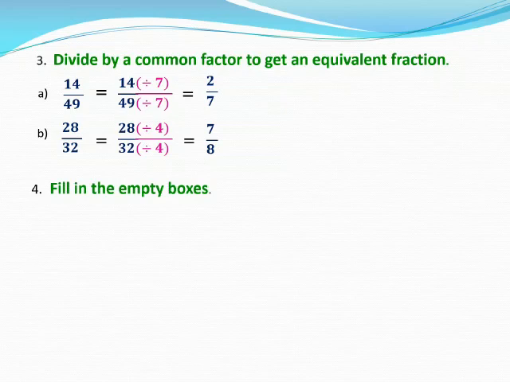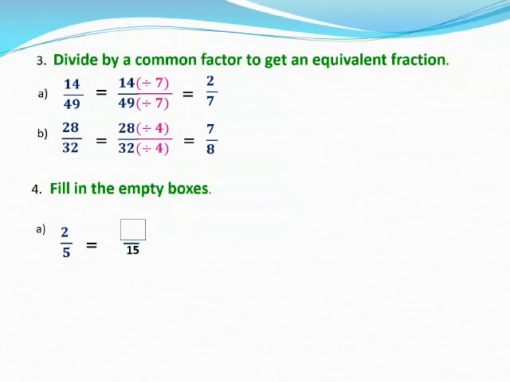Next question, fill in the empty boxes. Here we can find out the answer by multiplying or dividing. 2 by 5 is equal to dash by 15. We have to find out the numerator here. So first check the denominators, which are given. 5 became 15. So you have to think now, how 5 became 15? 15 is a bigger number, right?